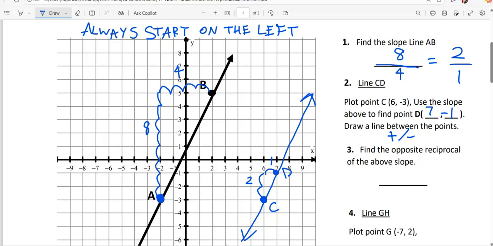When I say opposite, I'm talking about, is it positive or negative? So positive or negative is the opposite. And then reciprocal is when you take that fraction and do what to it? Eat it. Eat it? What? No. You flip it. Okay, reciprocal means flip.